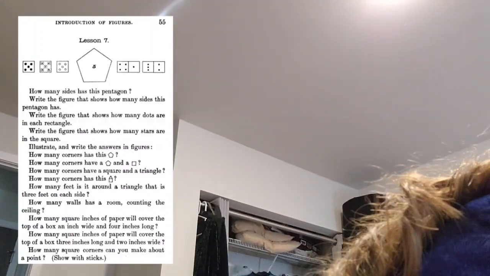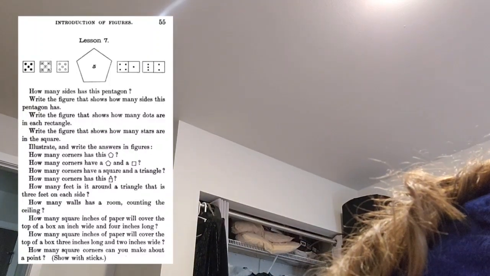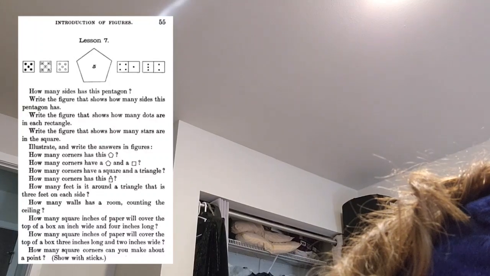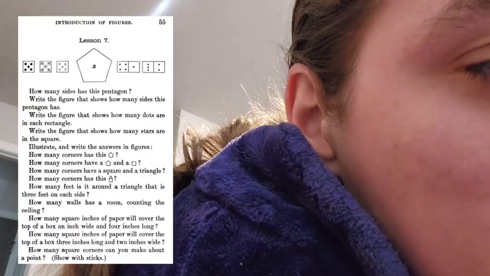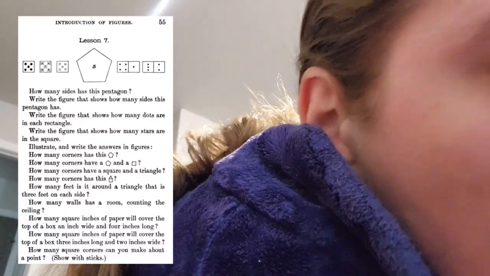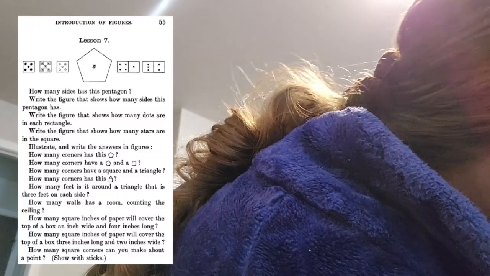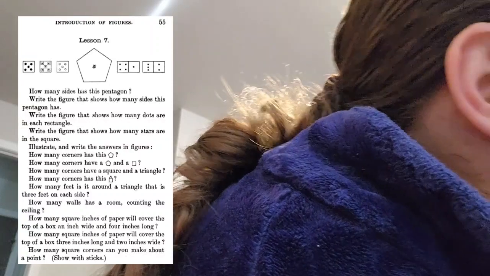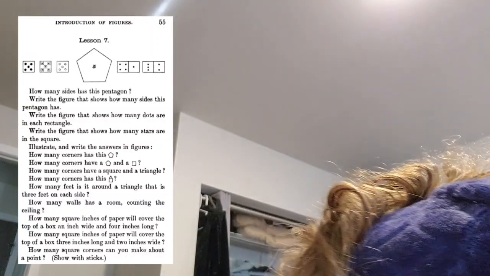So you could do 1, 2. I think you can only do 4 square corners about a point. Okay, that concludes that page.